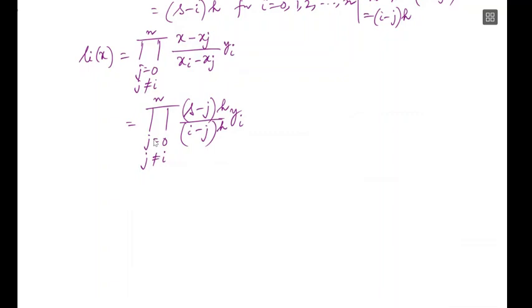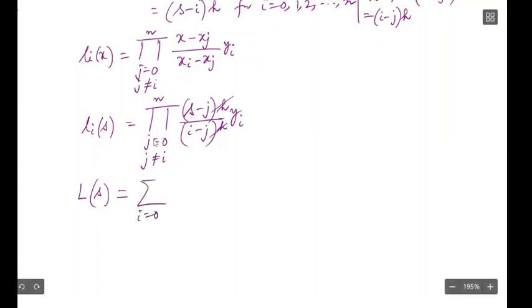And here no x is there, so Li(s). Then h will cancel out from both numerator and denominator, and finally L will also be a polynomial in s, which will be given by sum i equals 0 to n, product over j equals 0 to n, j not equal to i, of (s minus j) by (i minus j), times yi.